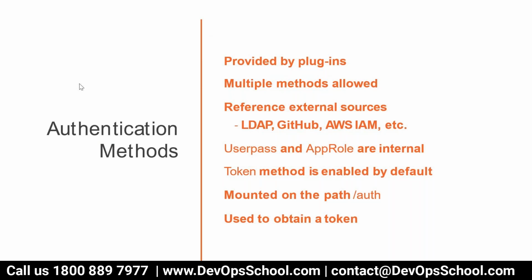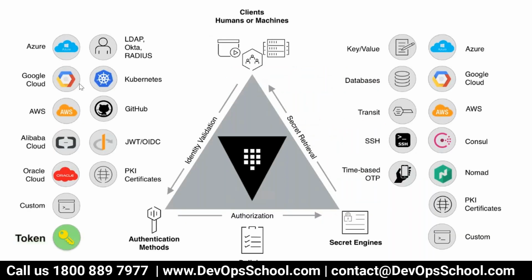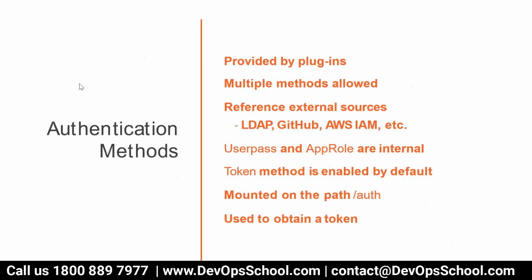By default, when you start the Vault server, it comes with the root token, but user tokens are also possible. Methods are mounted on the path auth. That means whatever authentication method you have gets mounted at the API path /auth and is used to obtain a token.